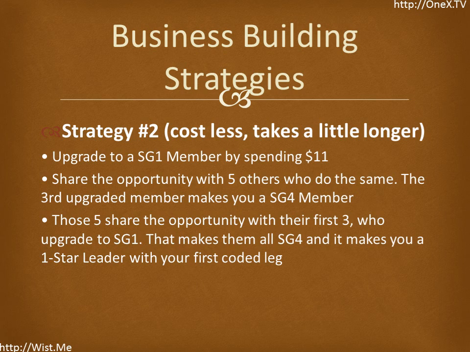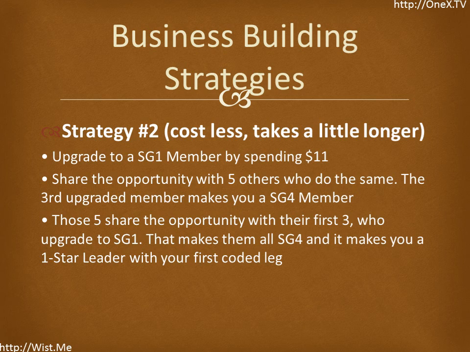Now, to become Stargate 1, you can also do it by spending less, not 44, but only $11. Just pay $11 and ask 5 members to also upgrade to Stargate 1 with $11.